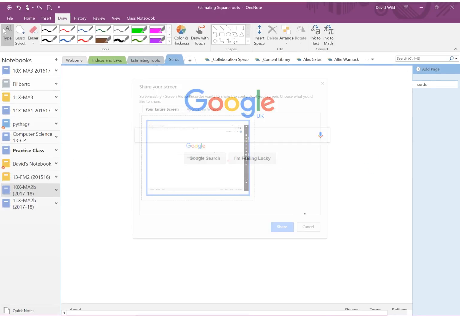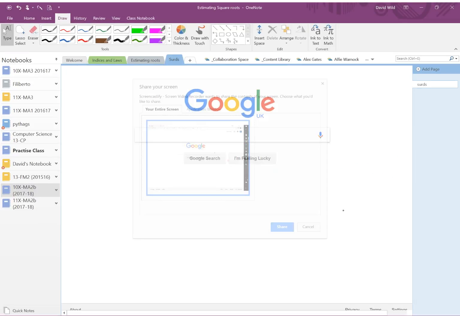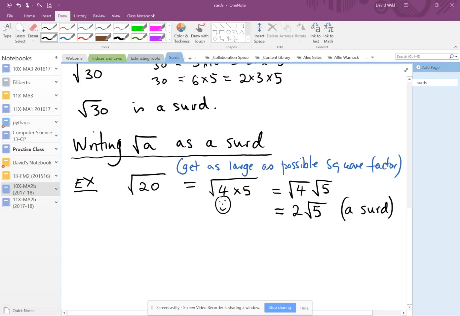So this is 2 lots of root 5. Is root 5 a surd? Yes. And therefore this is now a surd, or at least a multiple of a surd. So root 5 is a surd, so 2 times a surd is also a surd.